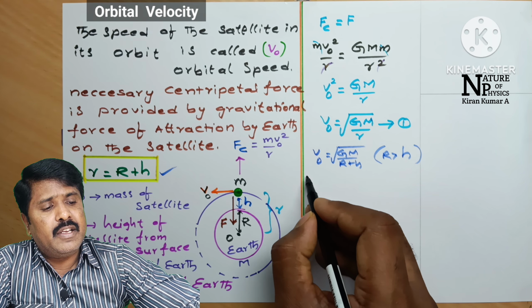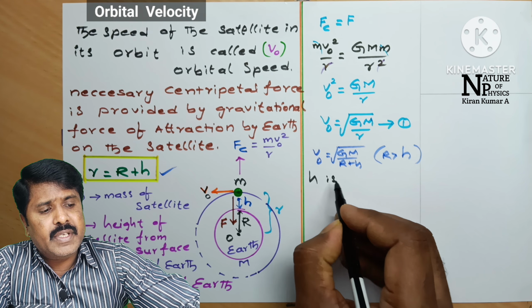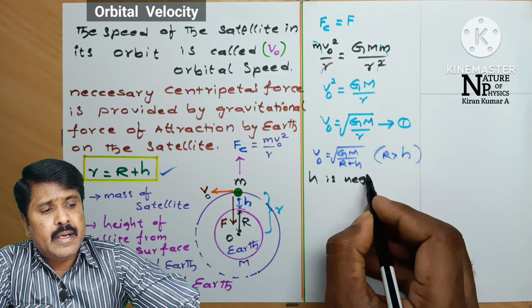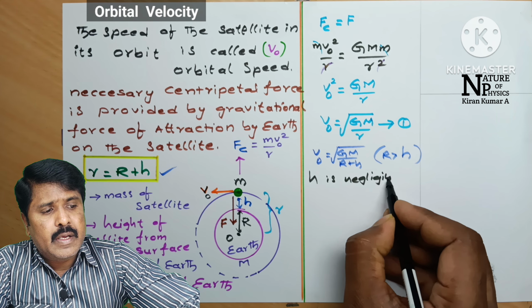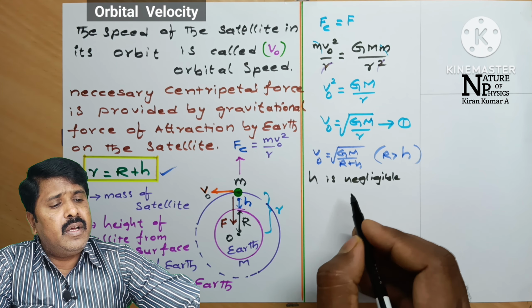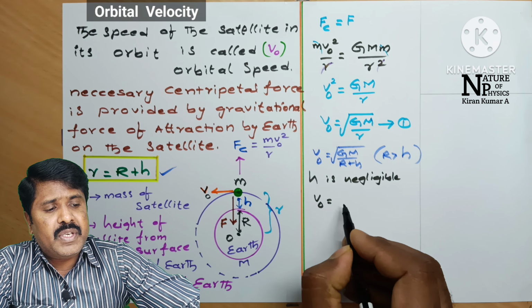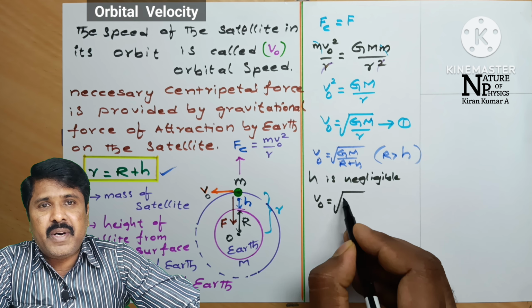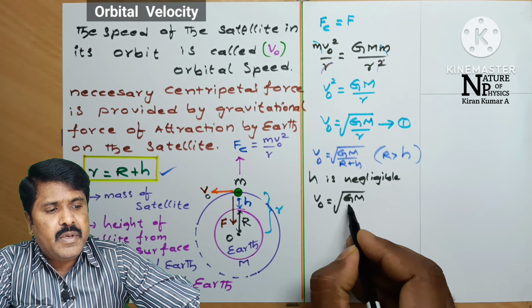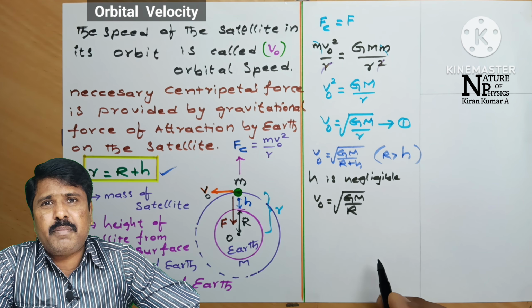Then v naught is equal to root over GM divided by capital R.